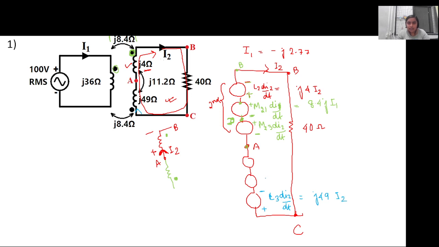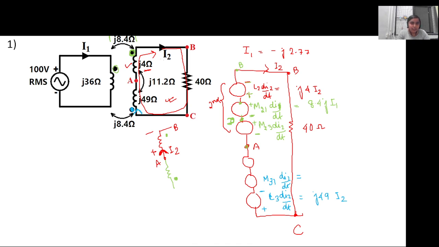Now again, because of the first inductor, the flux is changing in the third inductor, and the mutual inductance is given as M31 di1 dt. Now how will the sign be? In both cases the current is entering the dot.